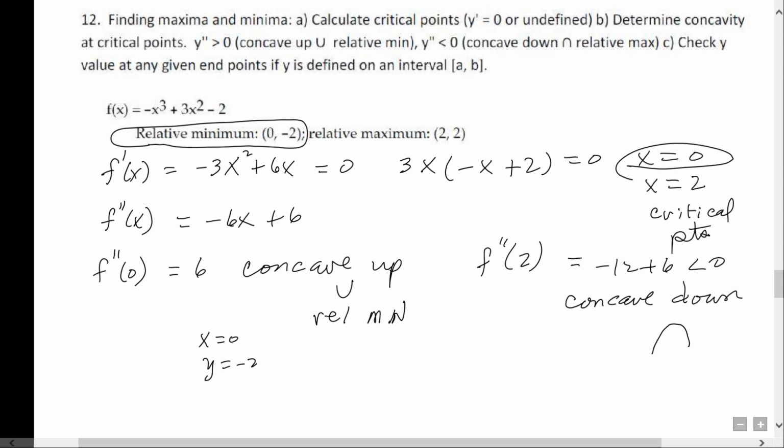So x equal 2 is a relative max. Plug in x equal 2, you get y equal 2. So the relative maximum is x equal 2, y equal 2.